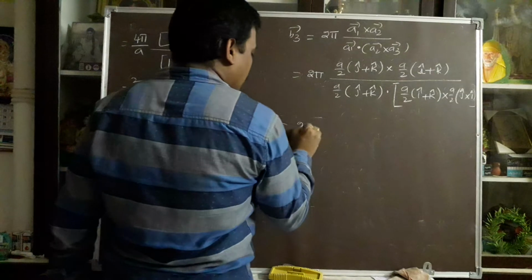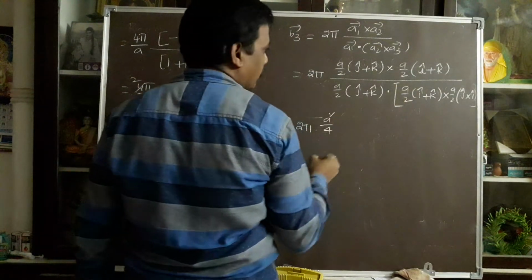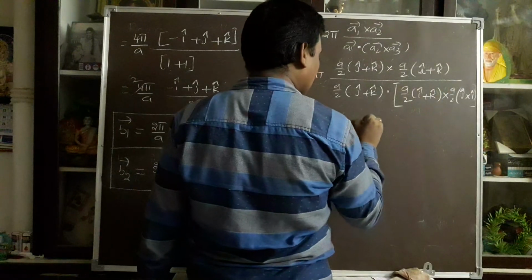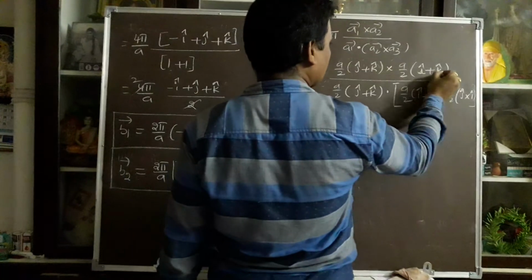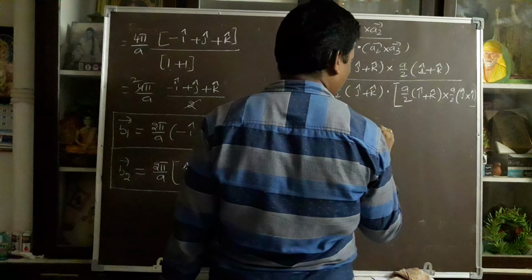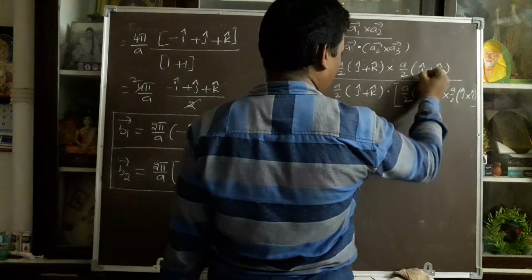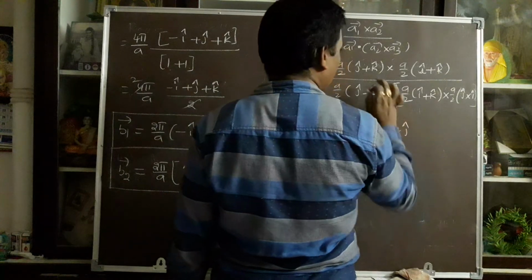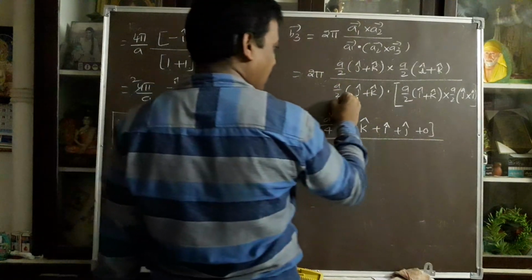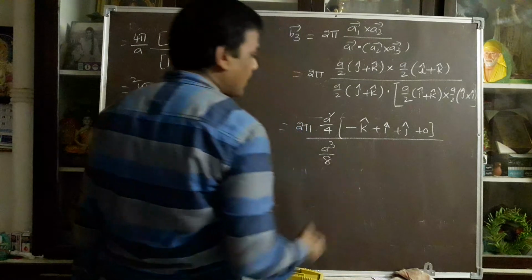So we get 2 pi into A by 2 into A by 2, A square by 4, into the cross product: J bar cross I bar minus K cap J bar cross K bar. J bar cross K bar is nothing but plus I cap, K bar cross I bar is plus J cap, K bar cross K bar is 0, divided by A by 2 plus A by 2 into A by 2 into A by 2, A cube by 8.